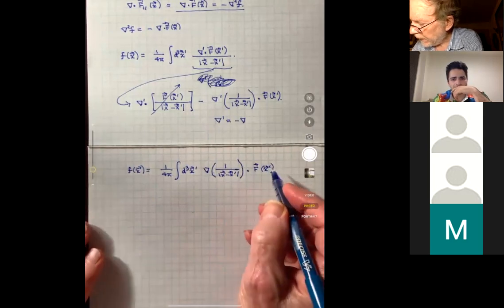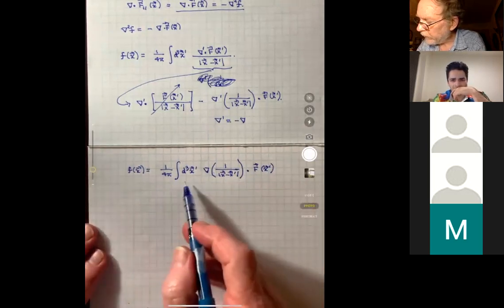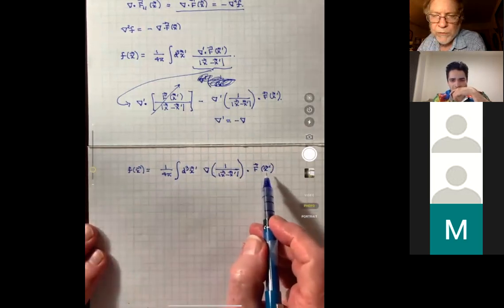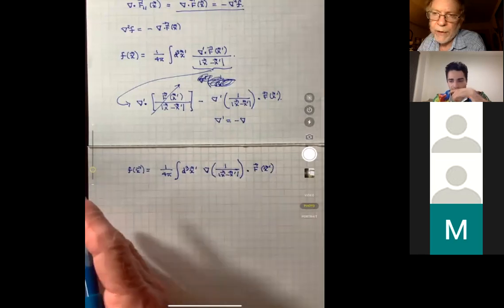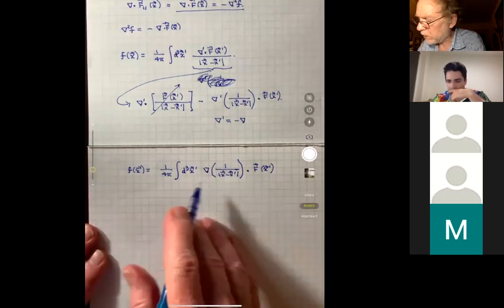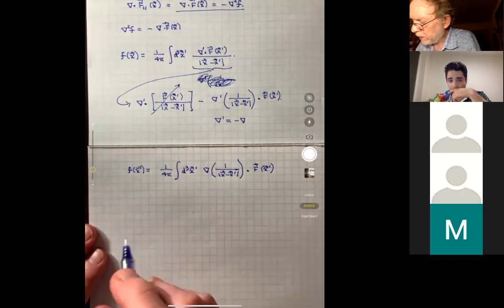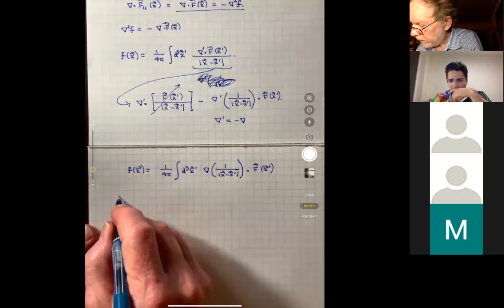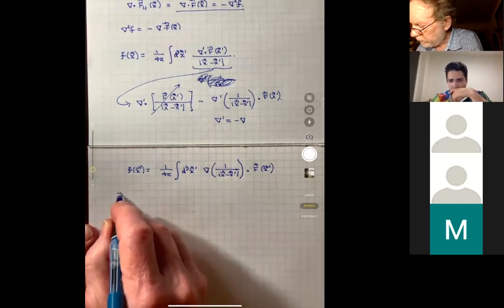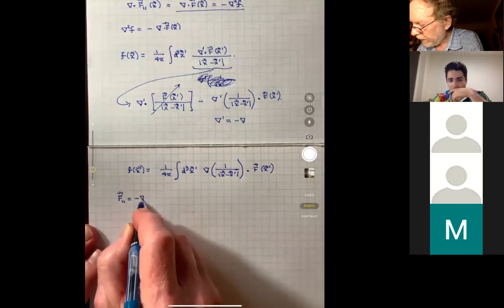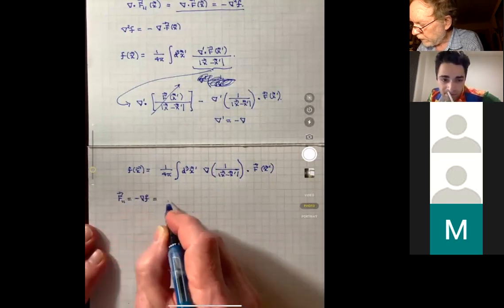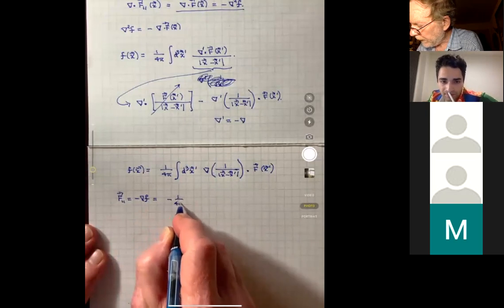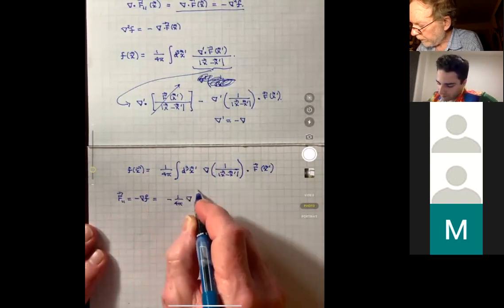And you see where I'm aiming at. I'm aiming at an expression where I've got an integral transform, and the f of x prime is what's being transformed. And on the left-hand side, we're going to get f transverse. So this is building this up. This then implies that f longitudinal, which is minus the gradient of f, is equal to minus 1 over 4 pi times the gradient of this same integral.